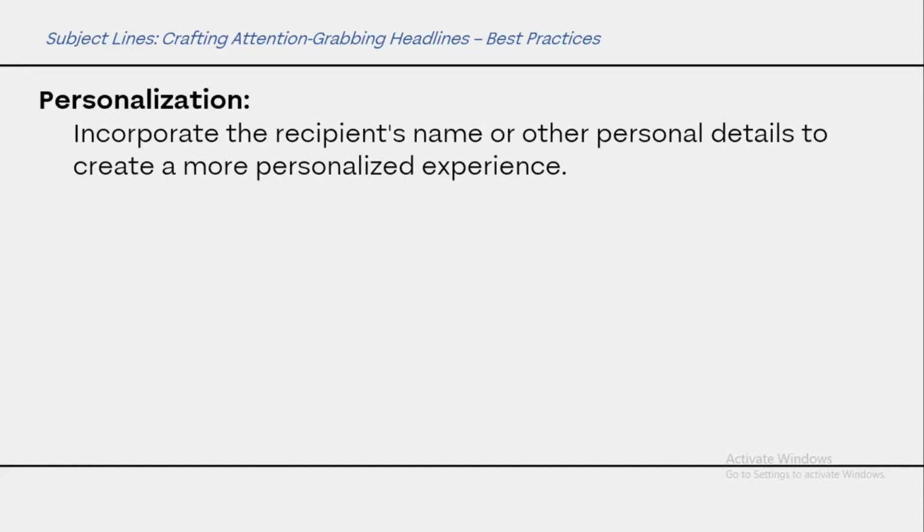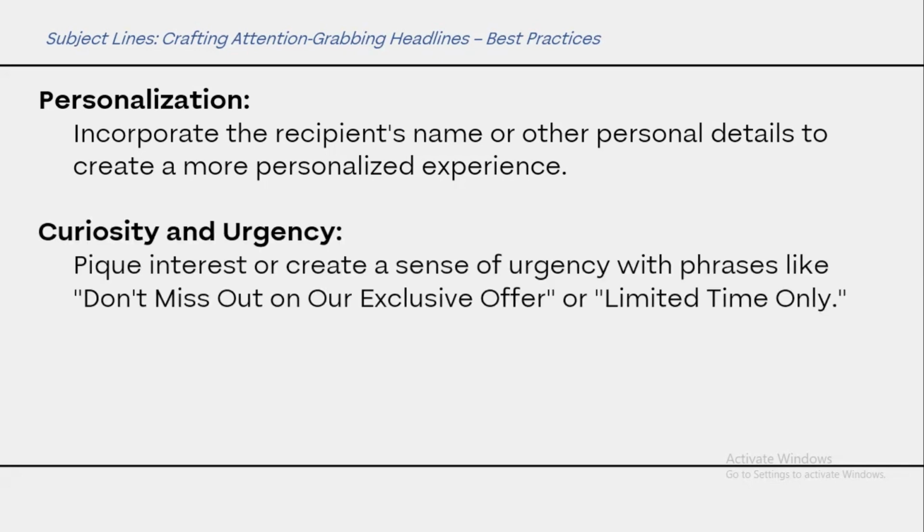Incorporate the recipient's name or other personal details to create a more personalized experience. Enhance curiosity, right? And urgency. So you have to create a subject line that piques interest or creates a sense of urgency with phrases like, don't miss out on our exclusive offer or limited time only.